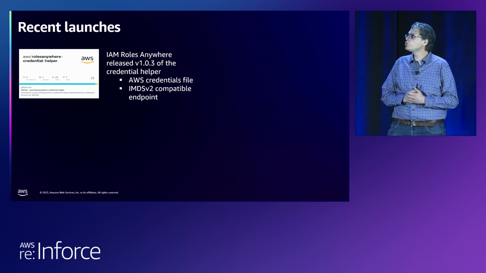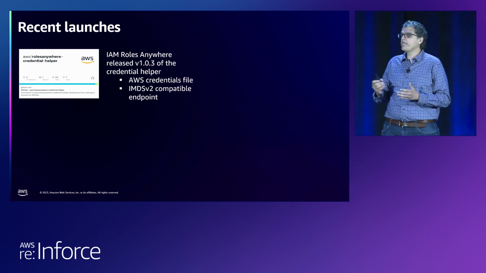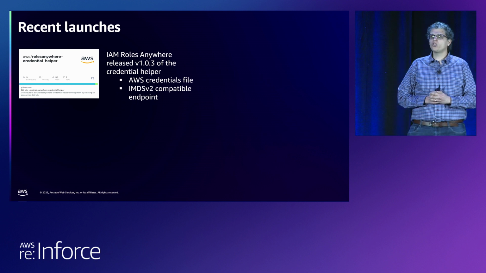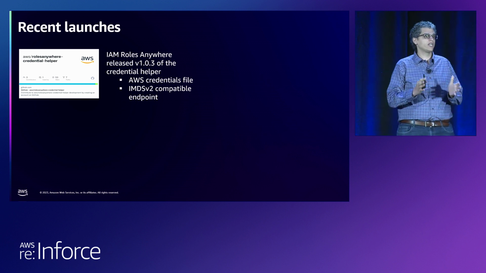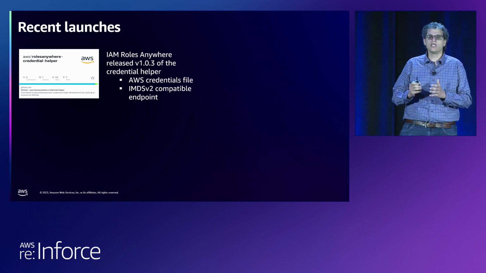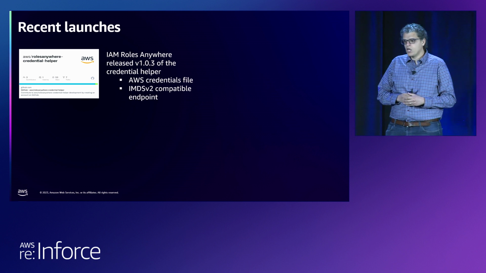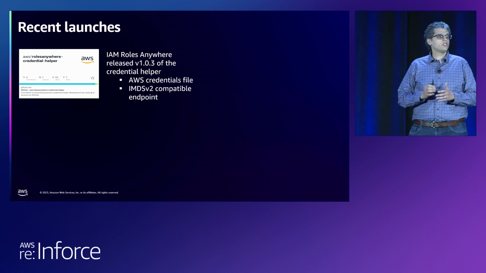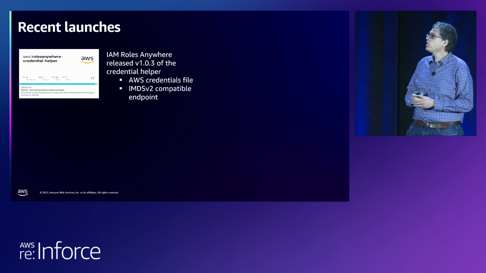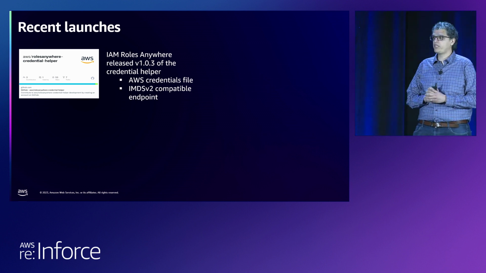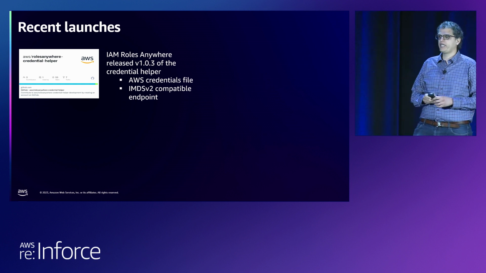You can also use the serve command, which runs an IMDS version 2 compatible endpoint on your localhost, and the AWS SDK will fetch the credentials in the same way it does for EC2 instances. Also, for the credentials vended using those two commands, you have the option to auto-renew them. What that means is that the Credential Helper will fetch fresh credentials whenever the existing ones are nearing expiry.